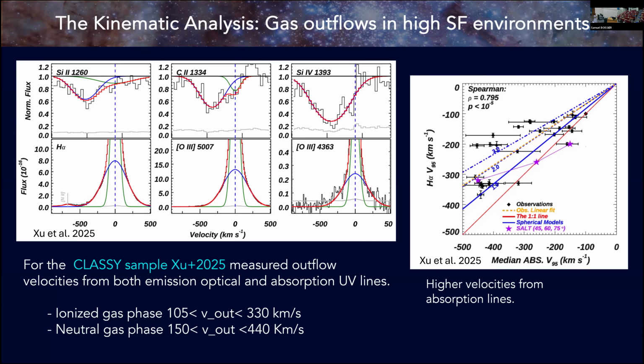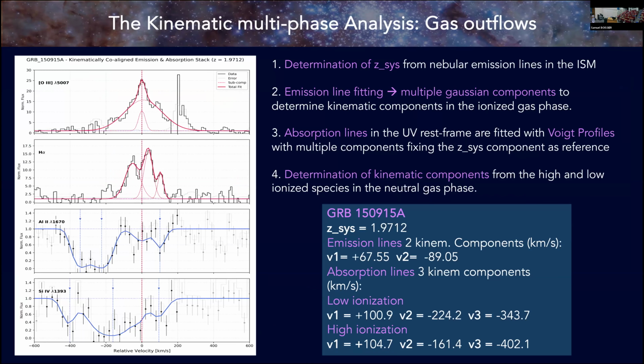So we recover blueshifted components that are at higher velocities in the neutral phase. Here I just showed you an example following the same strategy for this GRB 150915A.